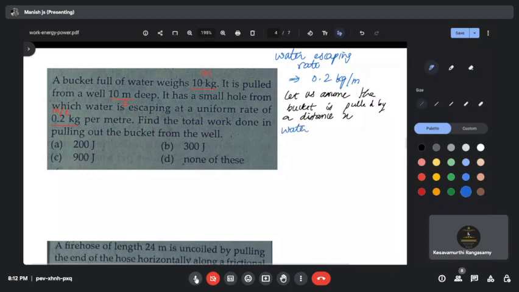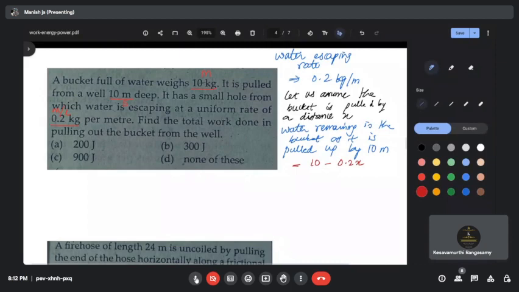So let me write that. Water remaining in the bucket as it is pulled up by, say, x. Here they have given you 10 meters, isn't it? So that is 10 minus the remaining, which is 0.2x, because we have assumed that it is being pulled by some distance x.